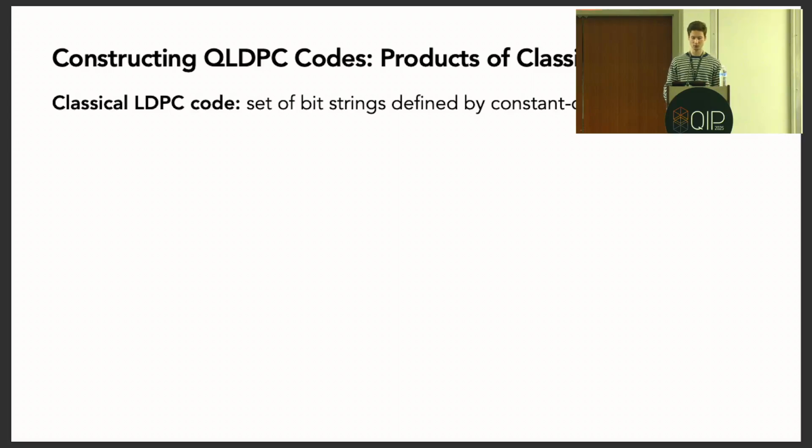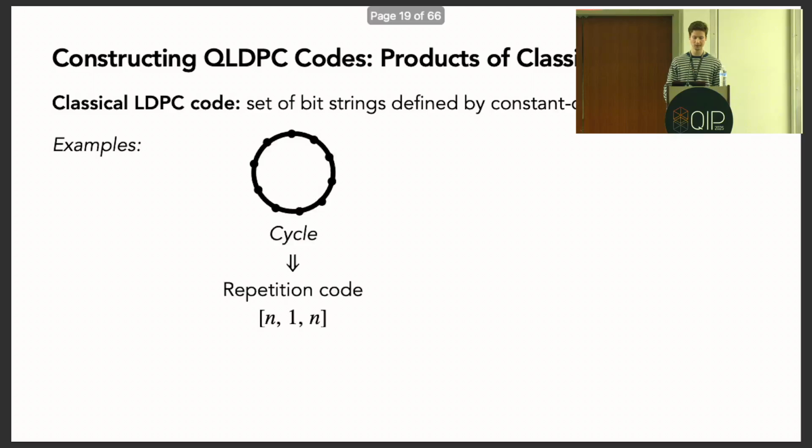And rather than formally defining what a Tanner graph is, I'll just give the two examples that are most relevant in this talk and really that are most relevant to quantum error correction in general. So one is just a cycle graph, a sequence of vertices and edges going in a loop. And for a length n cycle, we actually get a classical code that's just a repetition code. It's just a code that takes a bit and repeats it n times.